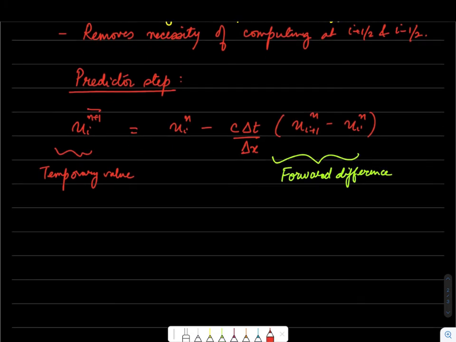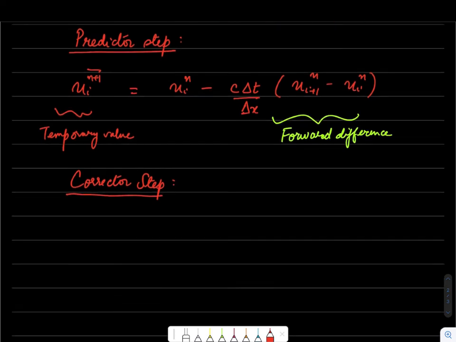In the corrector step, we now use a temporary variable to correct our estimate.